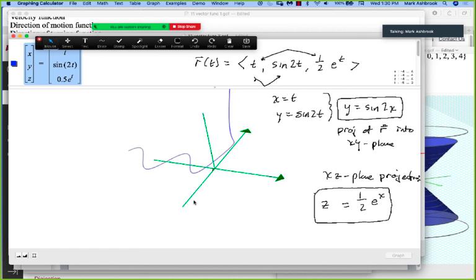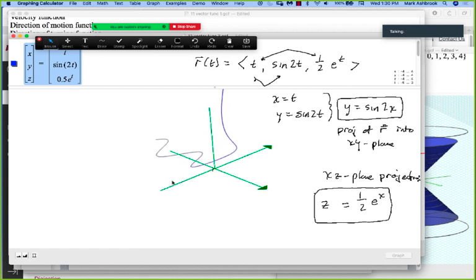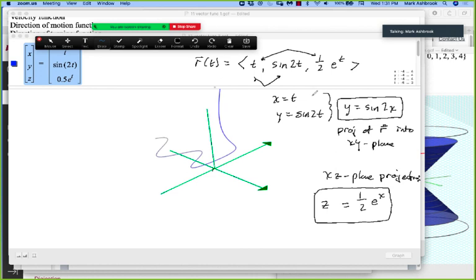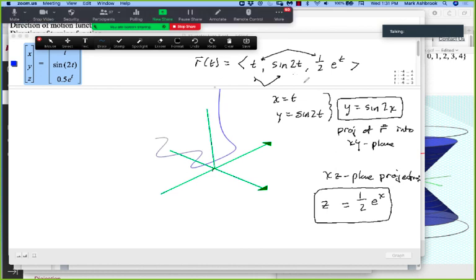So the last one is not such a simple one because it brings together a sine and exponential, but we can still do it. And then the graph can tell us what this unfamiliar thing would look like. So we got y equals sine 2t and z equals 1/2 e to the t.